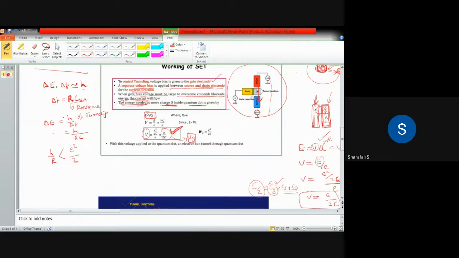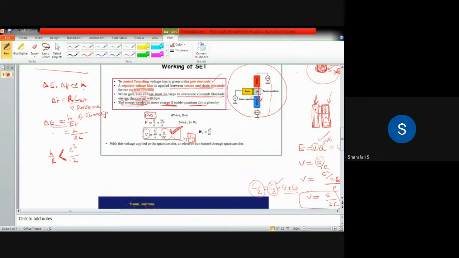Now, if you are considering the greater than here for uncertainty, this will be h by R. Here we are not considering that because of easiness of calculation.